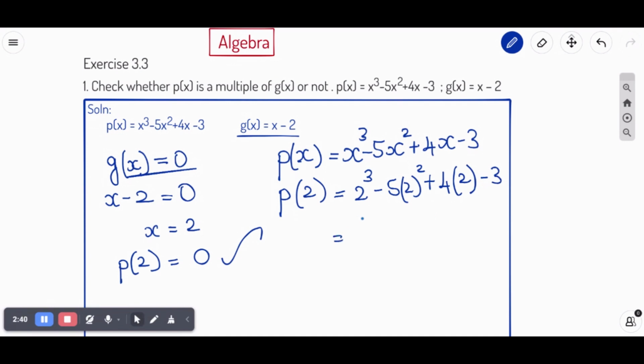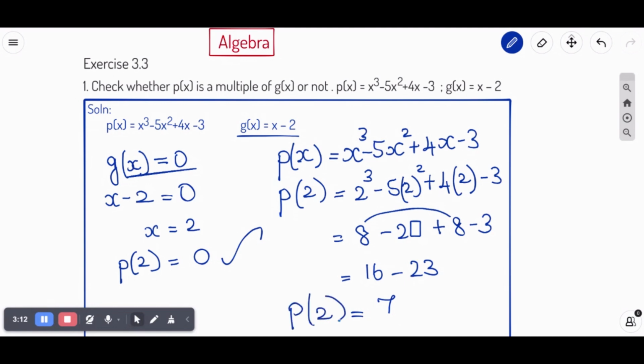And then 2 cube is nothing but 8, and 5 into 2 square is 4, so 5 fours are 20, plus 4 twos are 8, minus 3. So now you can club the positive signs together, so that will be 16 minus 23. So now this will be minus 7.